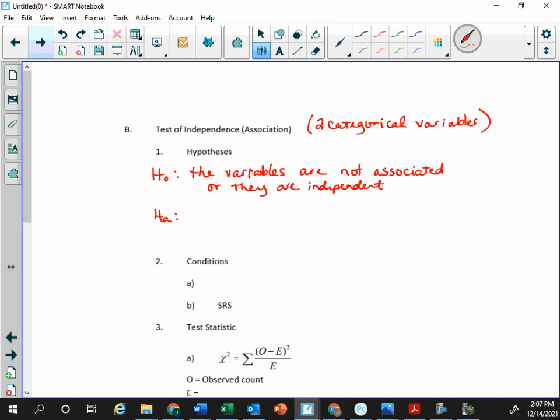And then the alternative is that the variables are associated. Or if you're writing it with the word independent, you could say they are not independent. And obviously you have to put context in with your null and alternative. We don't just say the variables. We talk about whatever it is we're talking about.